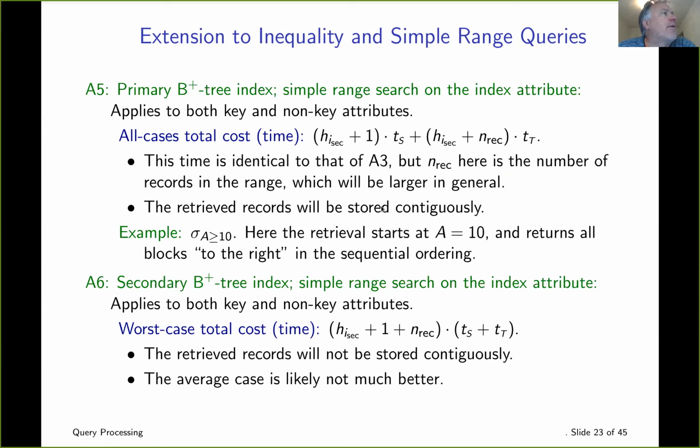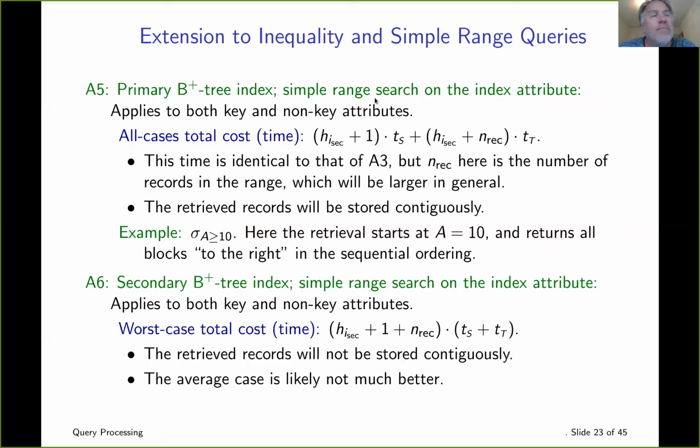All right. So primary B plus tree index, simple range search. On range searches, what it basically does is you find the first element in the range, in this case the Person numbers between this Person number and that Person number.